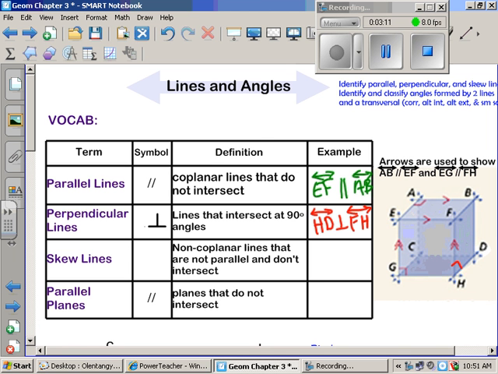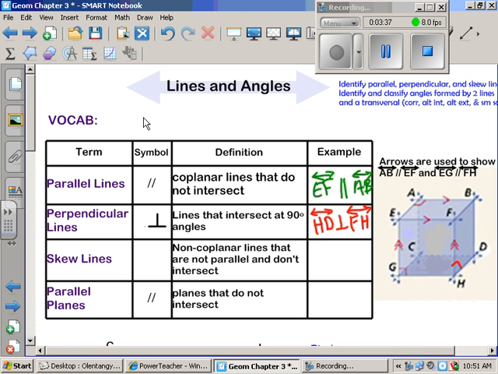Okay? Now, skew lines are lines that are not on the same plane, so they're non-coplanar. They're not parallel, but they still don't intersect. And we've kind of talked about them before, but we didn't call them skew then. So we've got two lines on different planes. We've got this one going this way, this one going this way. Are they ever going to intersect?